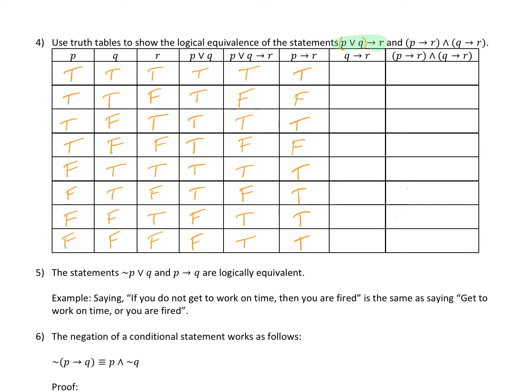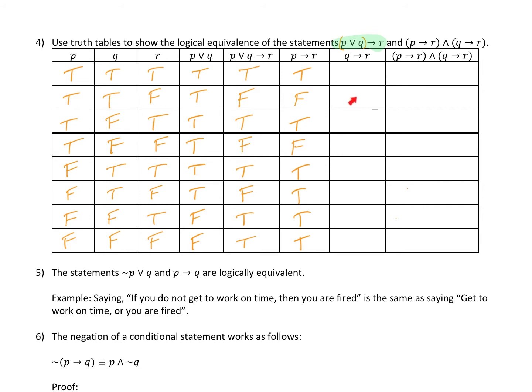Okay, Q implies R. Again, we're looking for true falses, right? When Q is true and R is false, you get a false here. That's the only way to get a false. So I'm looking for true, false. So I have Q implies R, true, true, true, false.